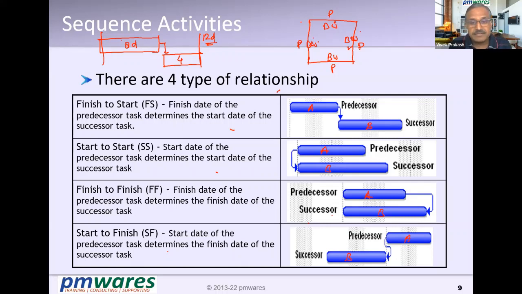And if the second shift security guard comes earlier, probably the first shift security guard is free to go early also, because there is a person at the gate. So if you see what is happening here, the start of the second shift triggers the finish of the first shift. The end of the first shift depends upon the start of the second shift.